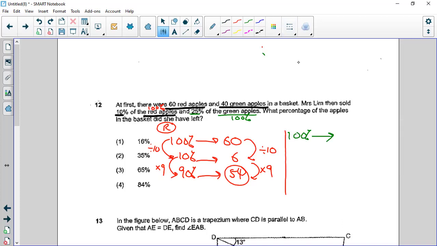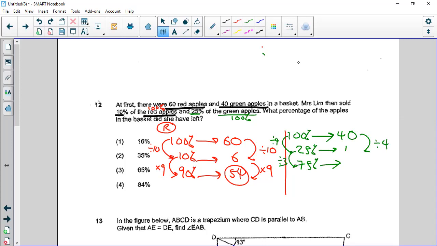Can we do jumping again? She sold 25%, so she must have 75% of the green apples left. Jumping: divide by 4, and then later times 3. The other side, you also divide by 4. Times 3, not divide by 3.